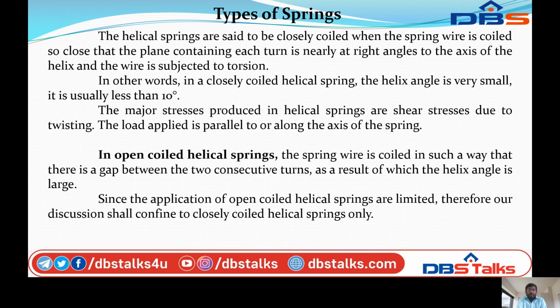The helical springs are said to be closely coiled when the spring wire is coiled so closely that the plane containing each turn is nearly at right angle to the axis of the helix and the wire is subjected to torsion. In other words, in a closely coiled helical spring, the helix angle is very small, less than 10 degrees.